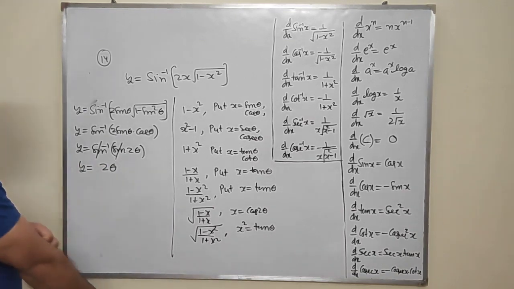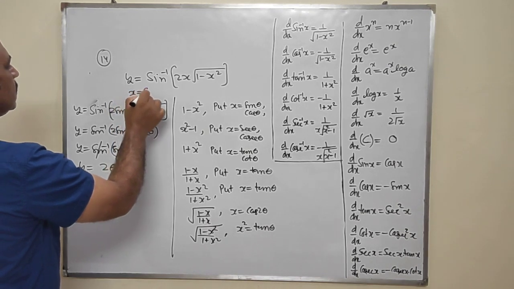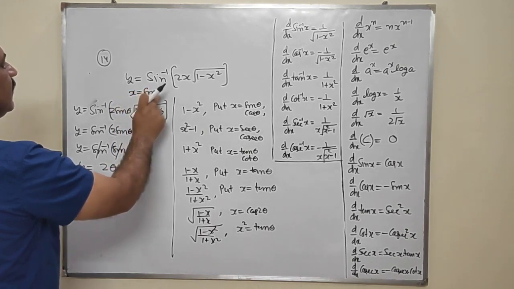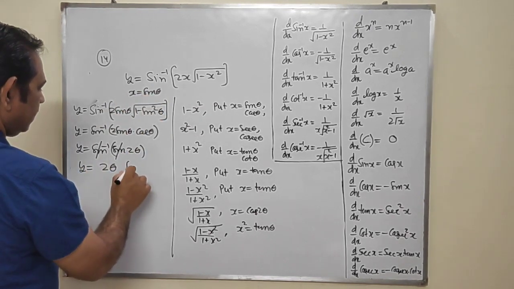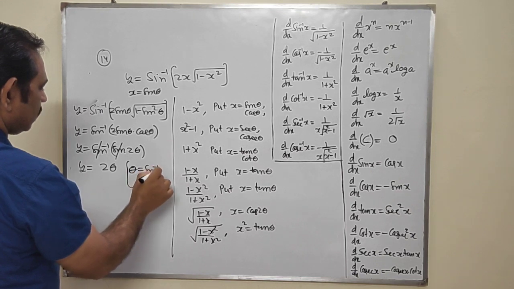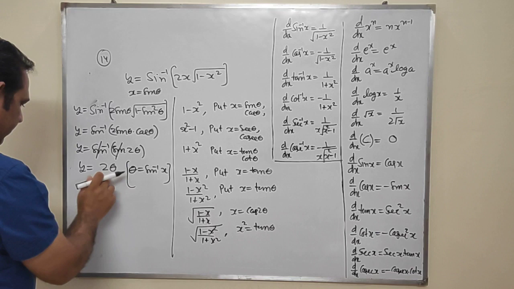Now once again, what we have put: x is equal to sine theta. So find the value of theta from here. Theta is equal to sine inverse x. So put here sine inverse x.